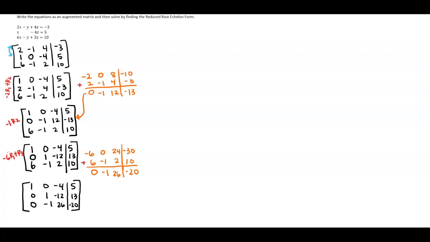Okay, so now I've got my 1, 0, 1, 0. Now I need to get this negative 1 to be a 0. It looks like if I add row 2 and row 3 together, negative 1 plus 1 is going to give me that 0 there where I want it. So that's what I'm going to do on this next one.